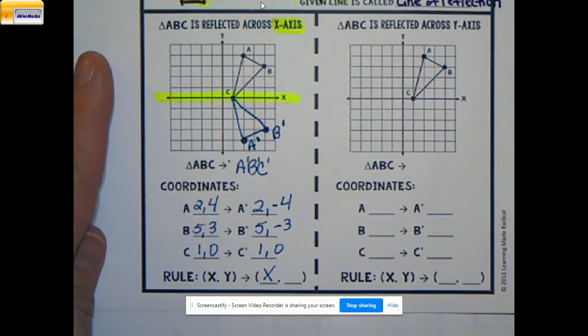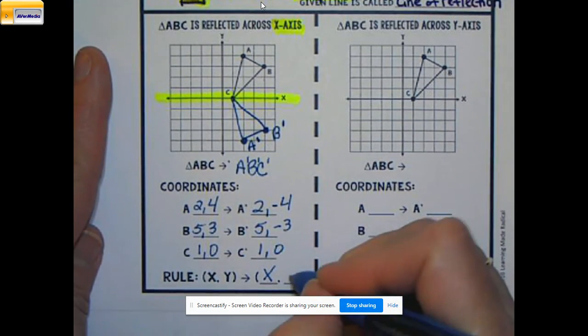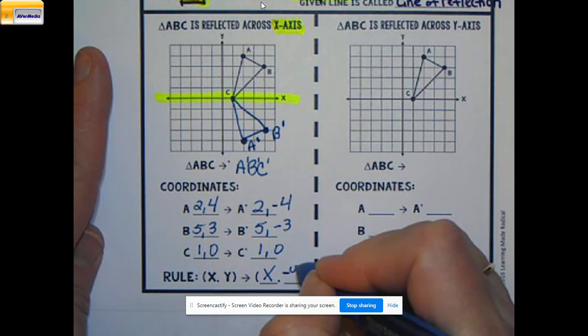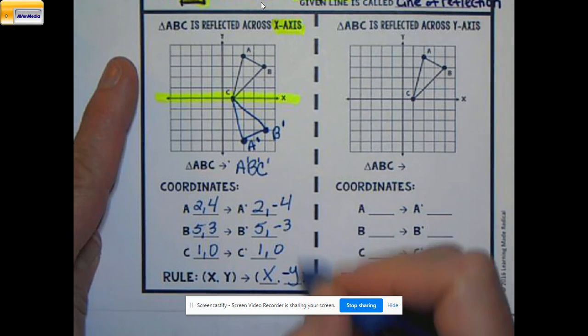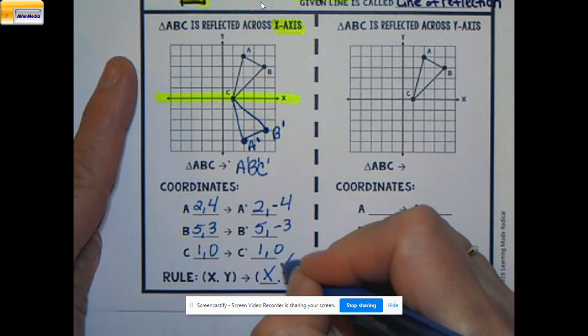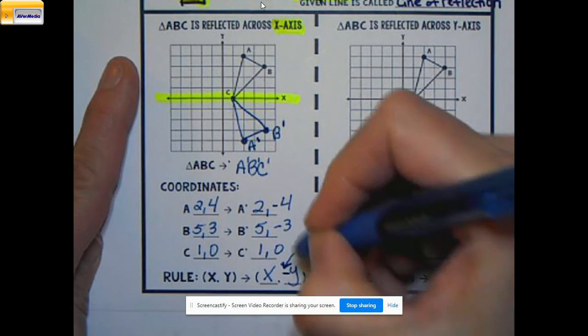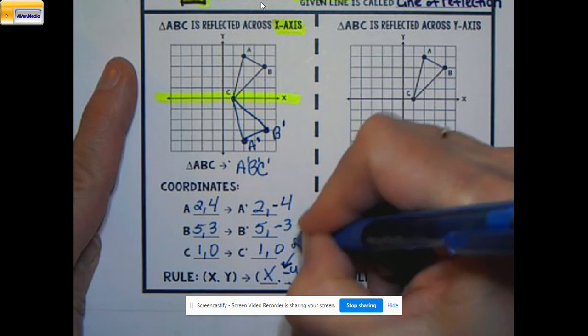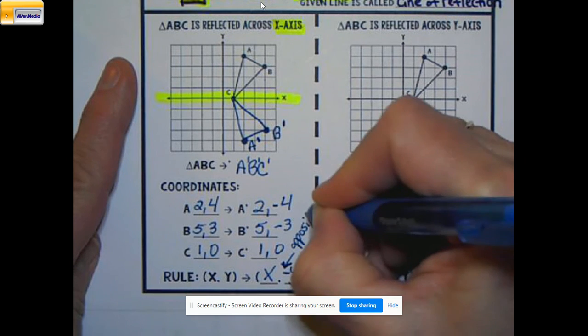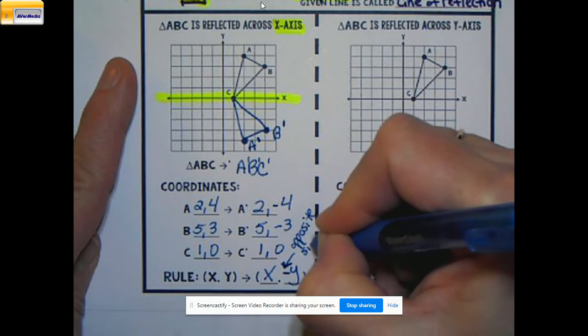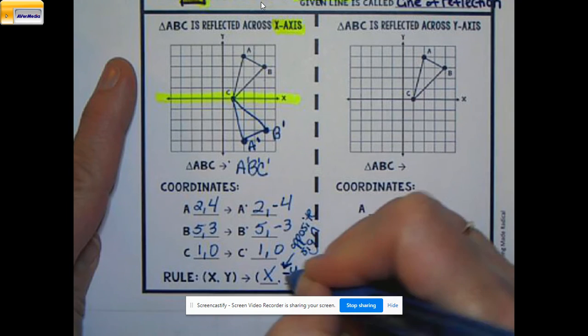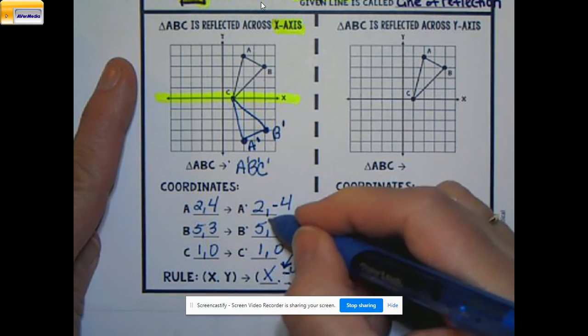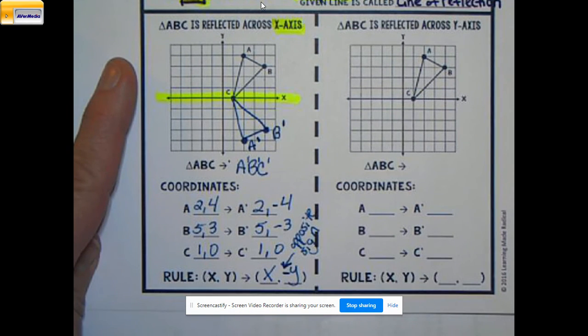It doesn't have a positive or negative value. So the way we write this rule, and this sign right here doesn't mean it has to be negative. It means opposite. So it means whatever the sign is currently here, you flip it to the opposite sign.